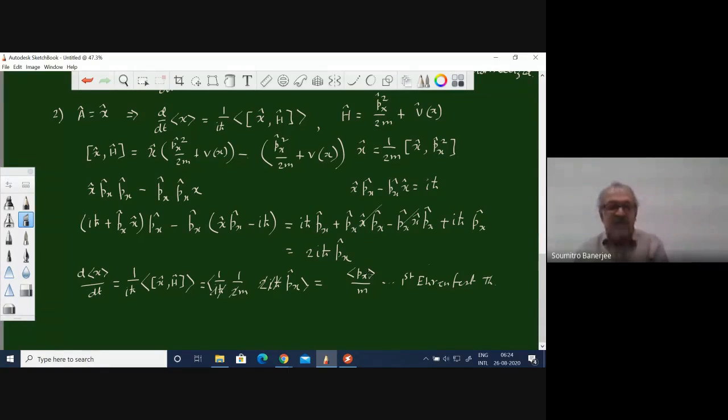Now, I'll request you to do the same exercise that we have done by putting A equal to px. It will be a similar procedure, which will lead to d of the expectation value of px by dt equal to something on the right hand side.